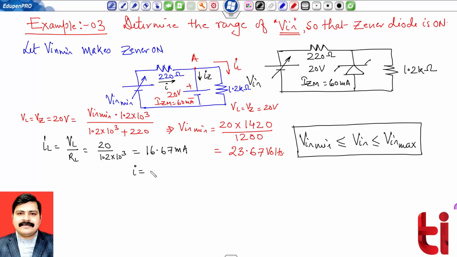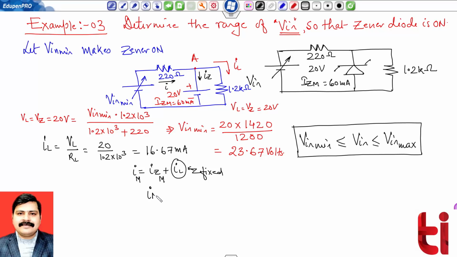And the value of current I, in fact this particular current I, and this is my current IZ. So current I will be equal to current IZ plus current IL. This quantity is fixed. So corresponding to IZ max, I will have current I max. I have to calculate Vin max, so I need I max.